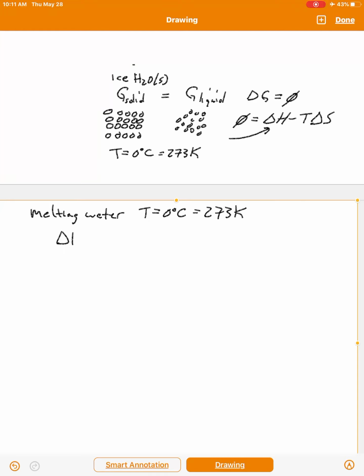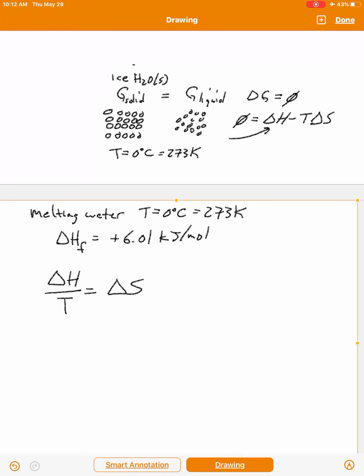Delta H of fusion is 6.01 kilojoules per mole. You know, we can tabulate those values. So if we're at the melting point of water, delta G is equal to 0, delta H divided by T is equal to delta S.